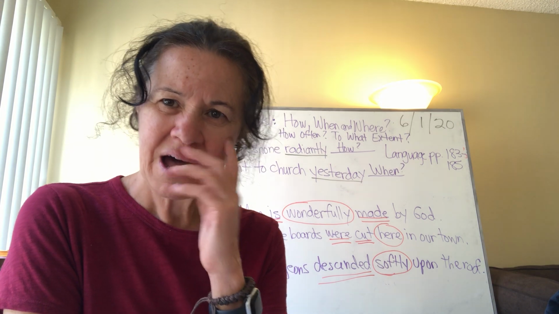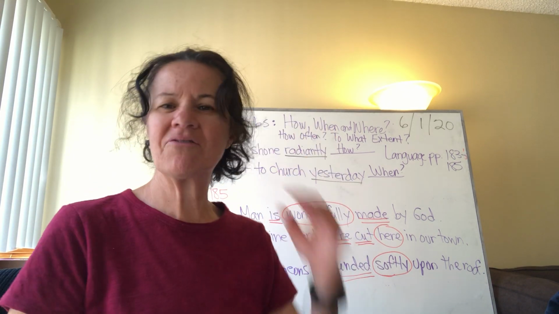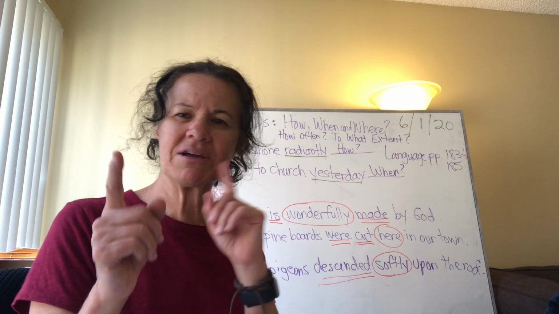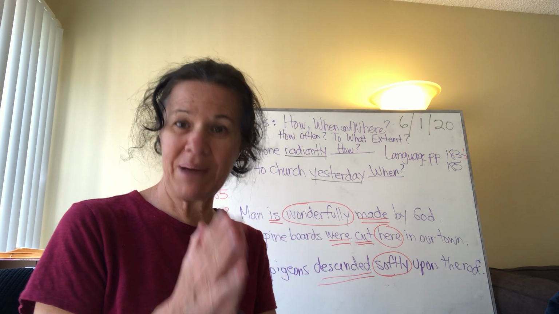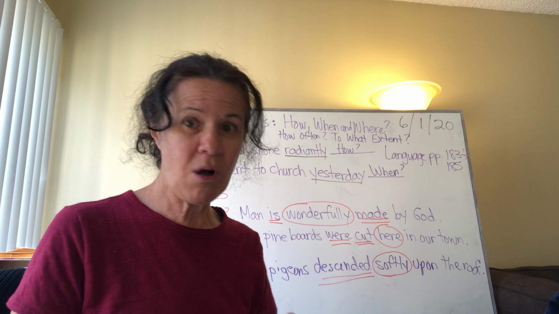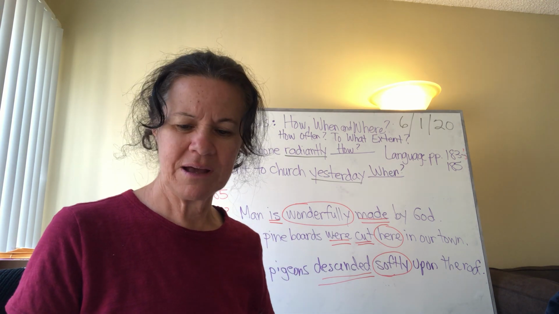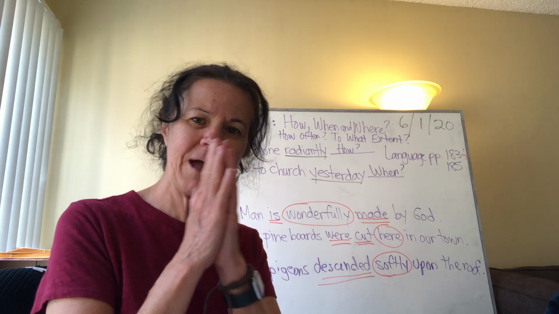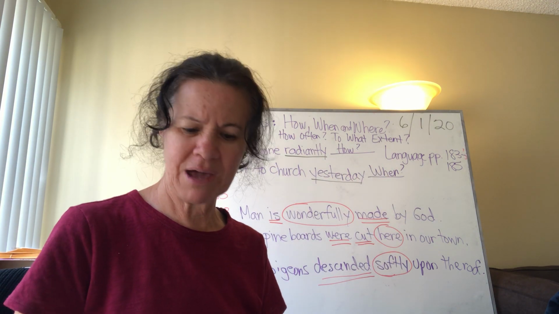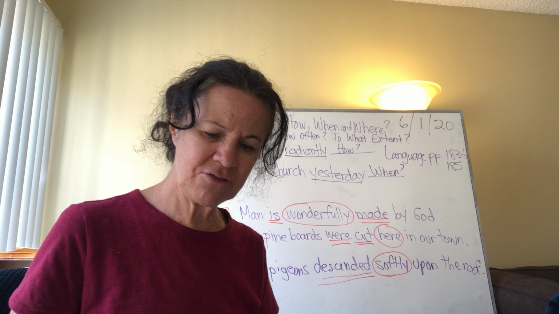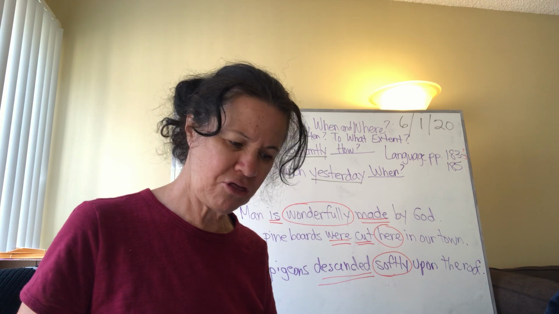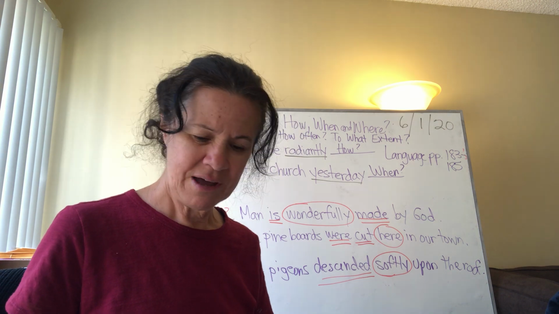Okay. I hope I didn't confuse you. It's hard to kind of put into words. So I'm doing the best I can, but I'll walk you through it. We'll work through it. And the more we practice, the more we get used to it, and we'll be able to tell the difference right away. Okay. So that's what you're doing today. You're doing pages 183 to 185.